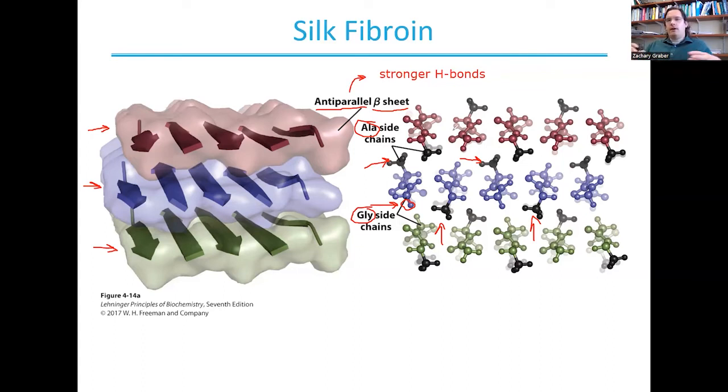We can create a very large surface area that then creates a much stronger London dispersion force interaction between those beta sheets. One of the keys to creating a stronger interaction is creating a larger surface area for that interaction to take place. So our silk fibroin is all about creating that very large surface area to then magnify the effect of our interaction.